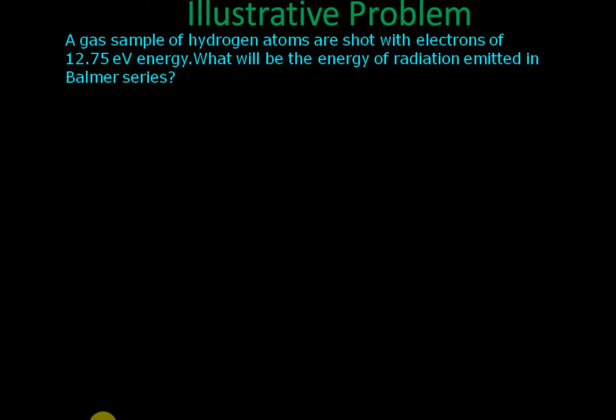It is fired in hydrogen gas. So that energy is going to be transferred to the electron inside the hydrogen atom. So up to what energy level it is going to reach, that can be obtained here.